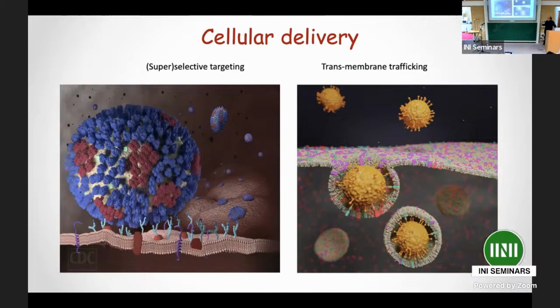What we wanted to explore initially, all the time that we are working on this project, is how to target selectively or super selectively. So meaning that you want to target cells which are similar but slightly different, and you want to only target one type but not the other. That is the key problem that we worked on.